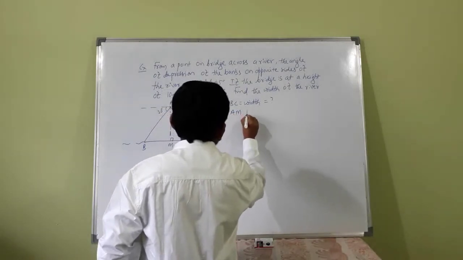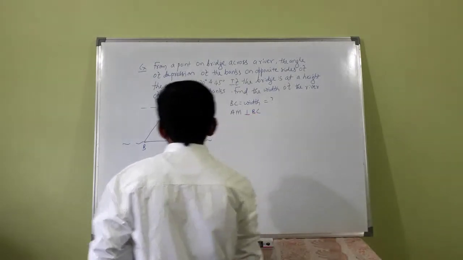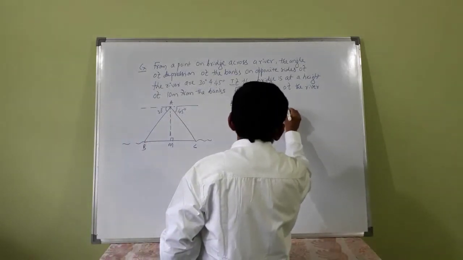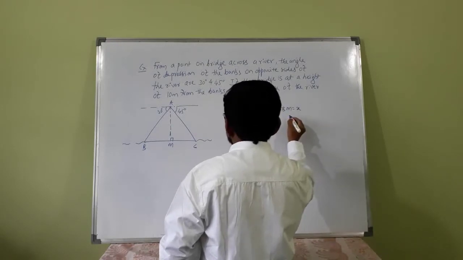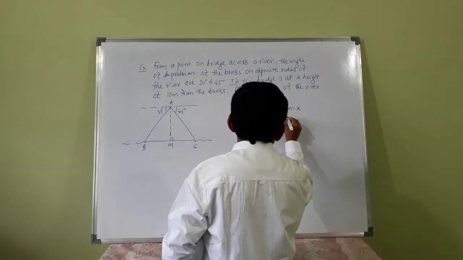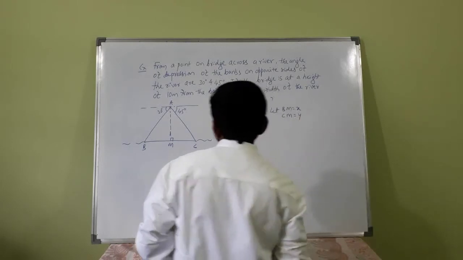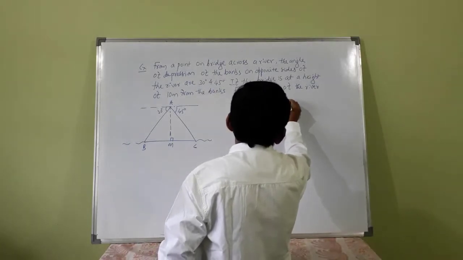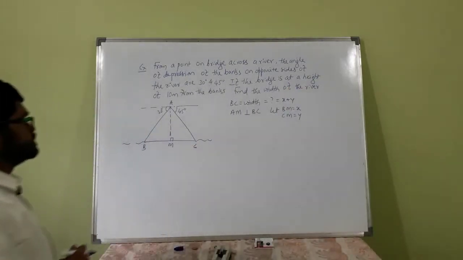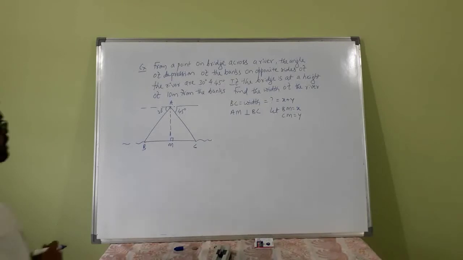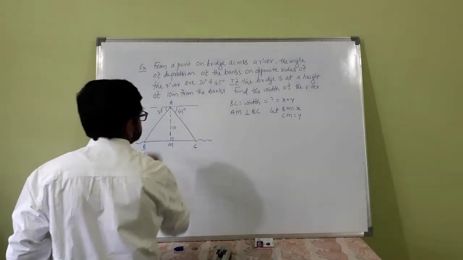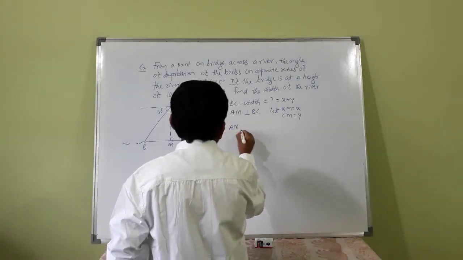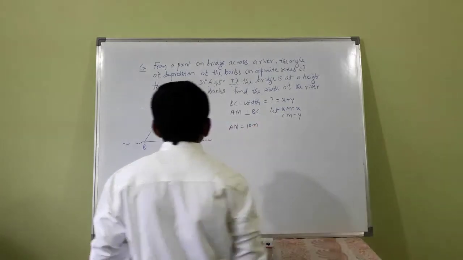Let BM is equal to X and MC is equal to Y. So BC is actually X plus Y. One more piece of information given here is AM is equal to 10 meter.